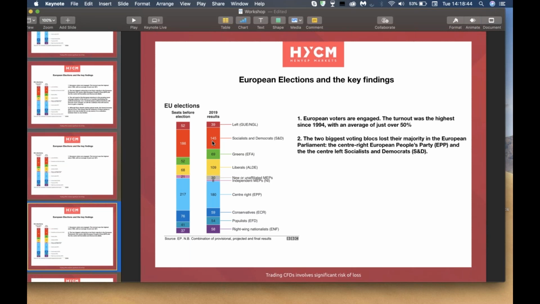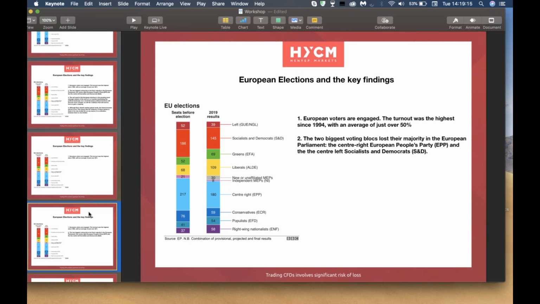So we're seeing a move away from major party politics, and this is reflected throughout many nations at the moment. We've seen this reflected in Britain with the European elections and the local council elections. There's a move away from major parties dominating the political landscape, and you can see here that the votes are being spread out more evenly across the different voting blocs.